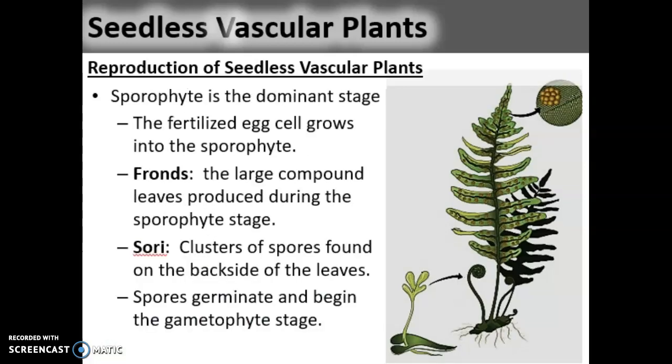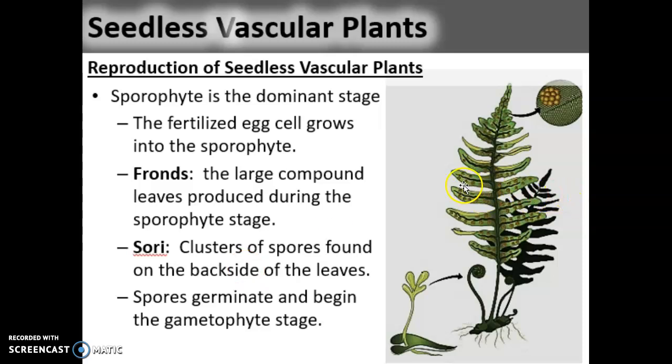The sporophyte stage is the dominant stage, so when you look at a fern, you're mostly looking at that sporophyte tissue, tissue that's designed to reproduce using spores. Now, the most obvious feature of the sporophyte stage are these long, complex leaves that are called fronds. On the back side of the fronds, we see these little dots here.